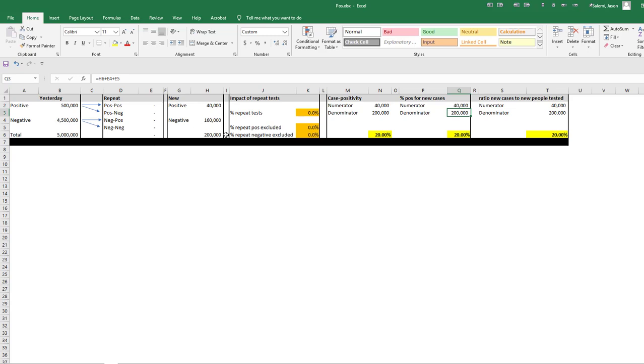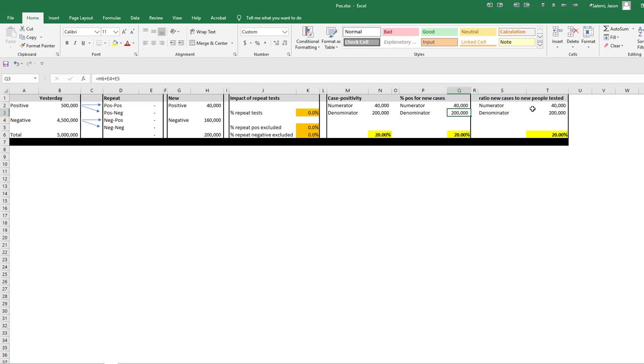But again, I just told you all of these are new tests, so none of them tested positive on a previous day. So this goes to show you that if I have no repeat tests whatsoever, the case positivity and the percent positivity for new cases will be identical. So there will be no difference.